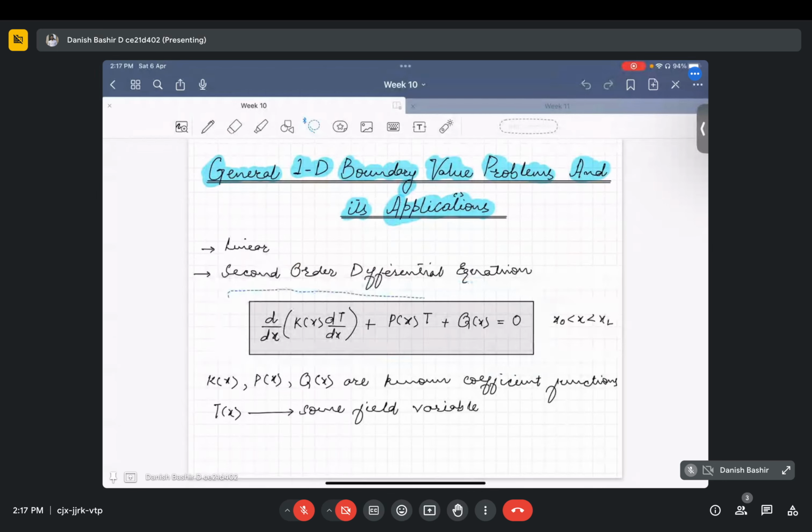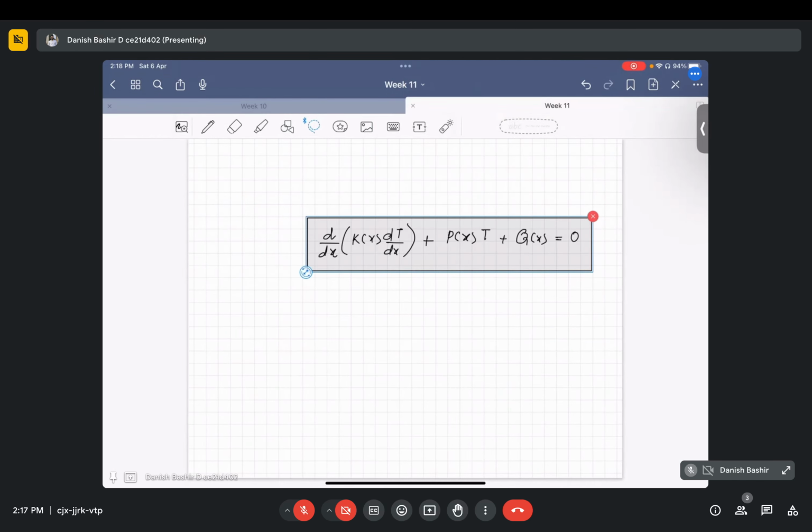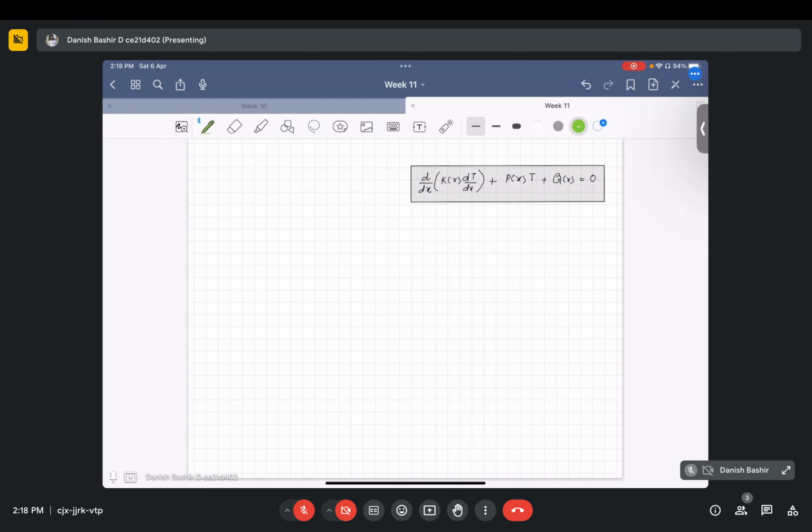If we copy it from here and go to our slide, this is our one. We will compare it with it, comparing with this equation.